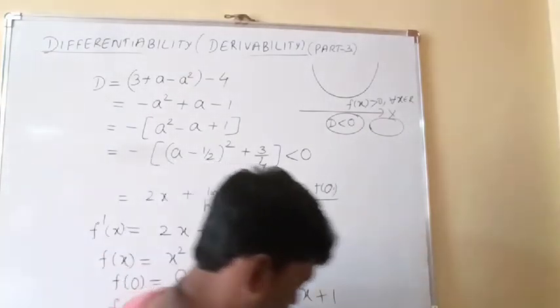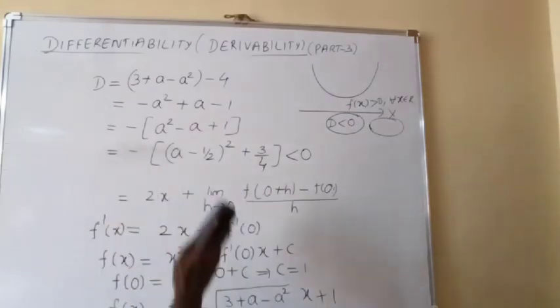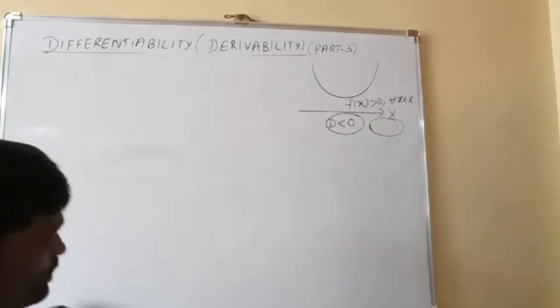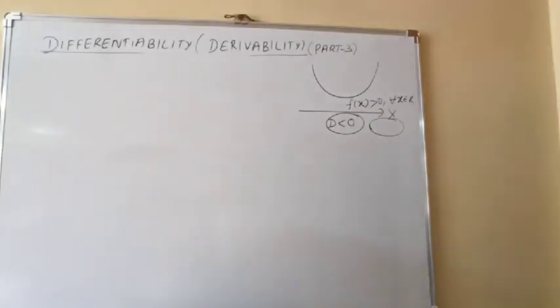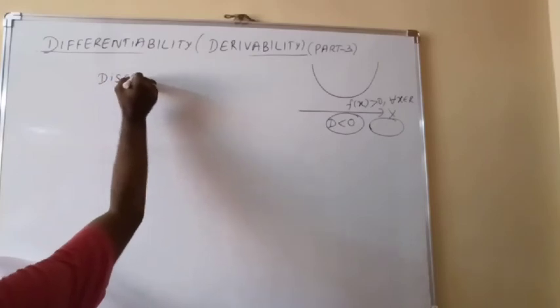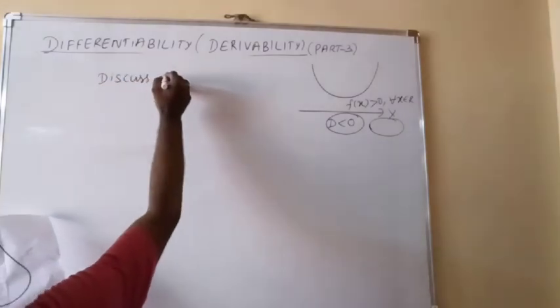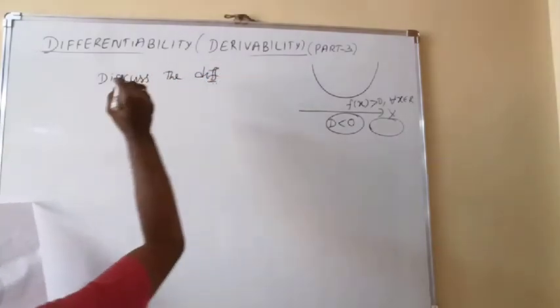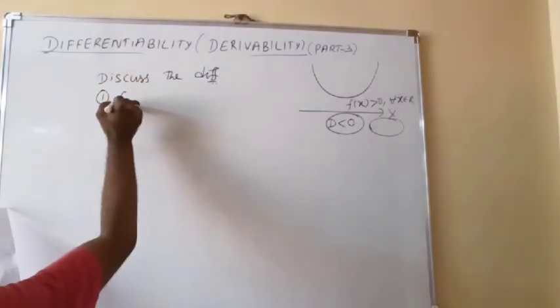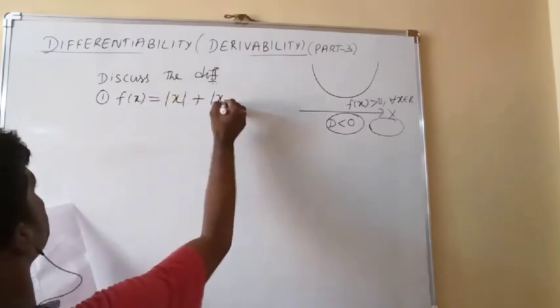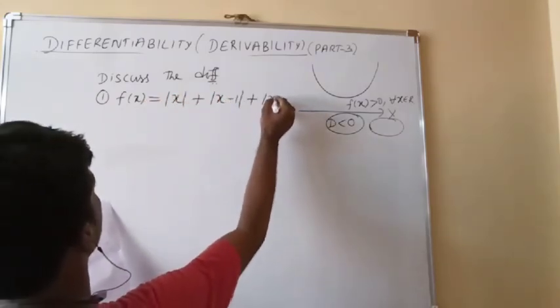And you take these problems as homework. Homework problems. Try these problems. So discuss the differentiability of the following functions. The first function is f of x is equal to mod x plus mod x minus 1 plus mod x minus 2.